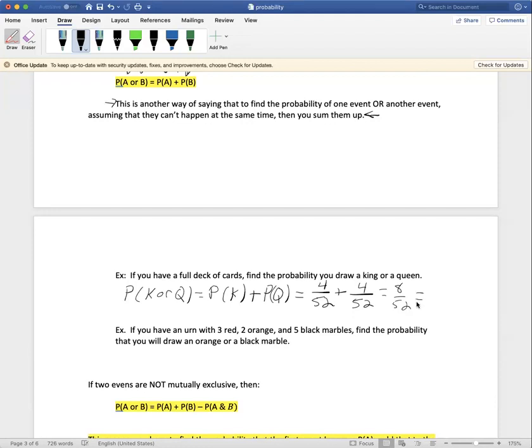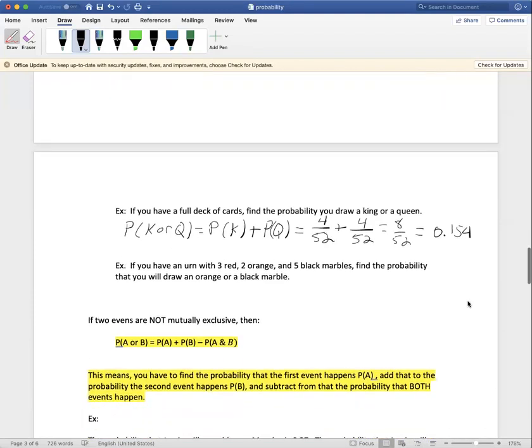Now, if we were going to express that as a decimal, 8 divided by 52 is equal to 0.154, rounded to 3 decimal places. In this example, we're going to round all these to 3 decimal places just to be a little bit different. Okay, so again, the reason that works is because these two events are mutually exclusive. You can't draw a card that's a king and a queen simultaneously.